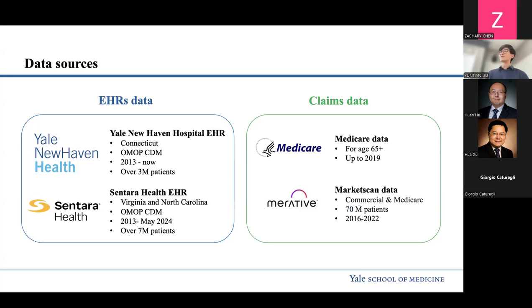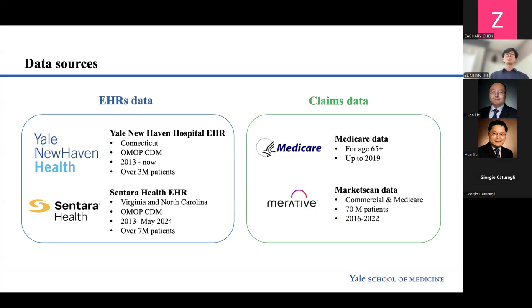And in terms of expenditure, we're going to need the claims data. These two data sources are separated by the purpose of use. For EHR, we get more comprehensive variables. We can better track the patient, and we are more confident in the data.